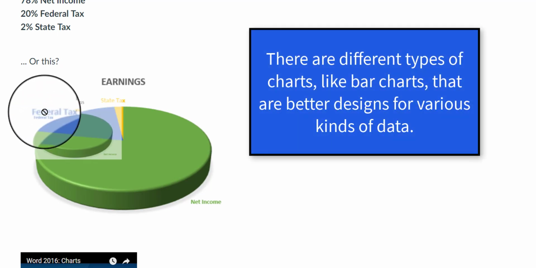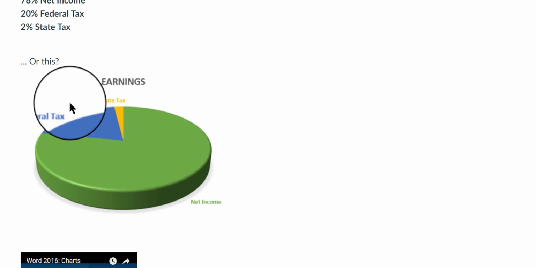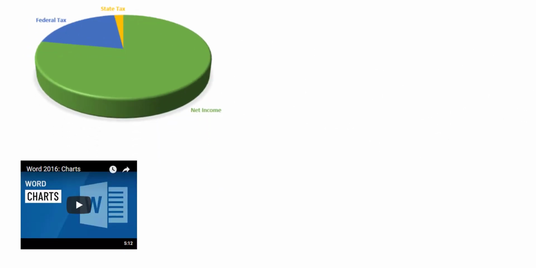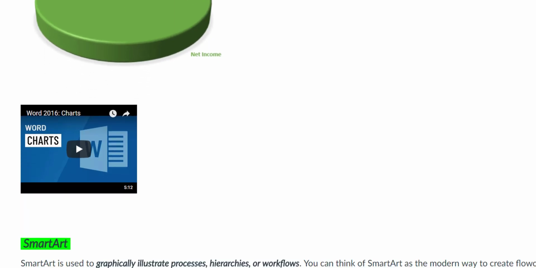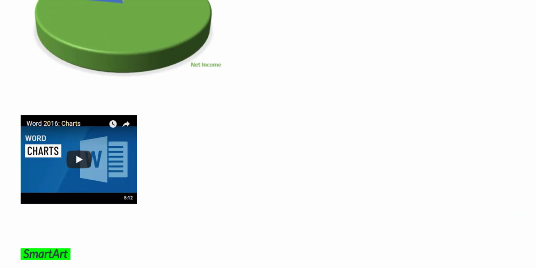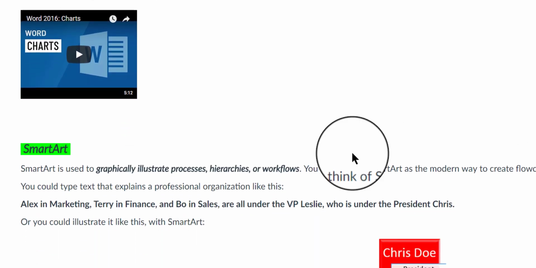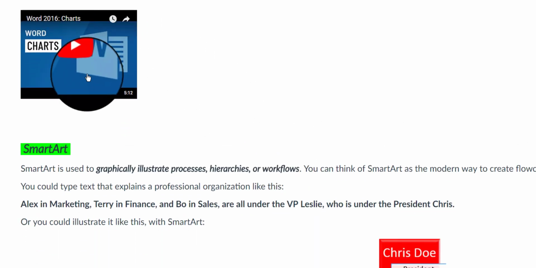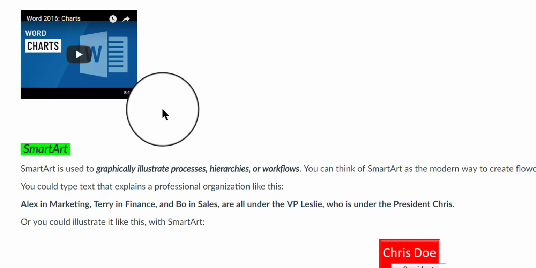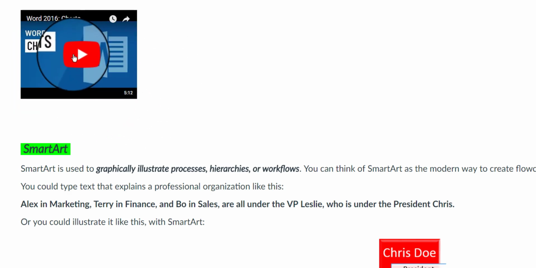So it could say federal tax 20%, and that shows you more specifically and graphically how it all relates to each other. It's a lot more interesting and easier to understand the data that way. And there is a video here that I did not record that I think is pretty good, so I posted it here for you. It's a YouTube video on how to do charts in Word 2016.